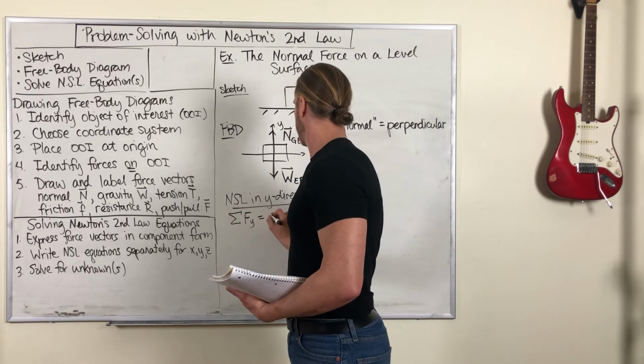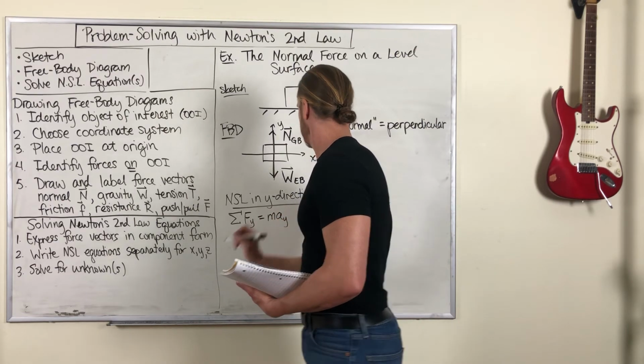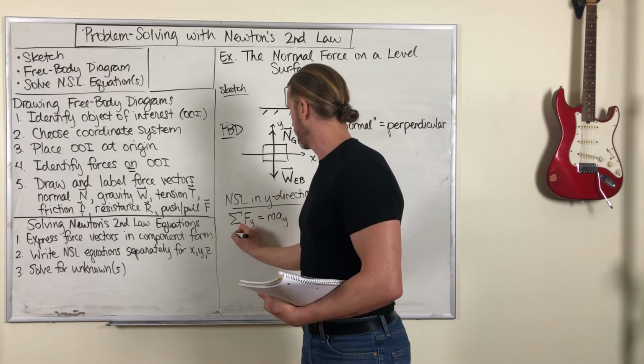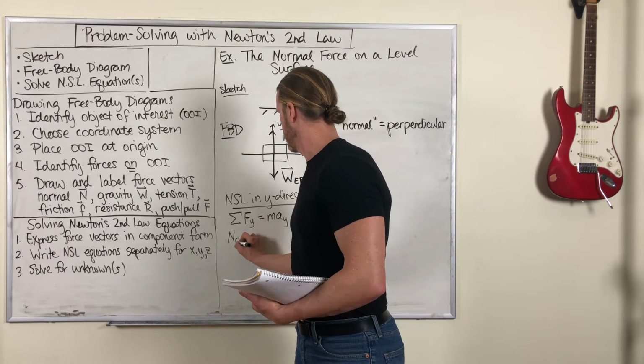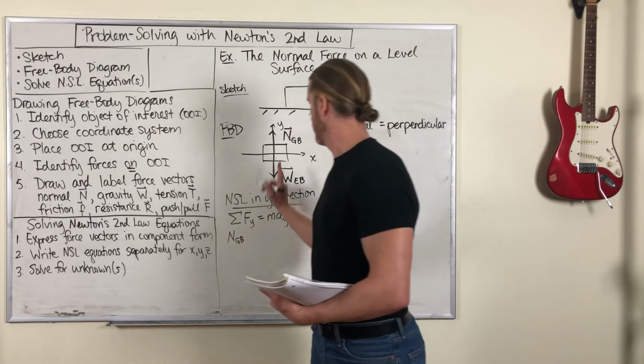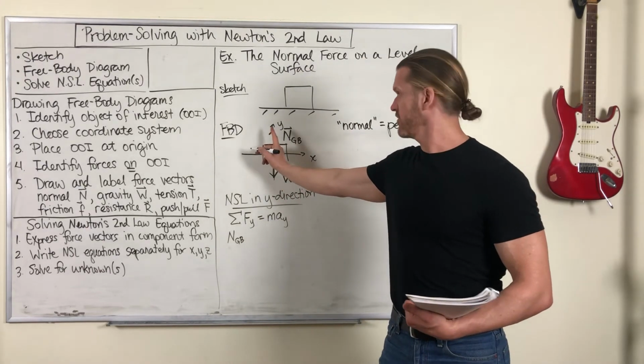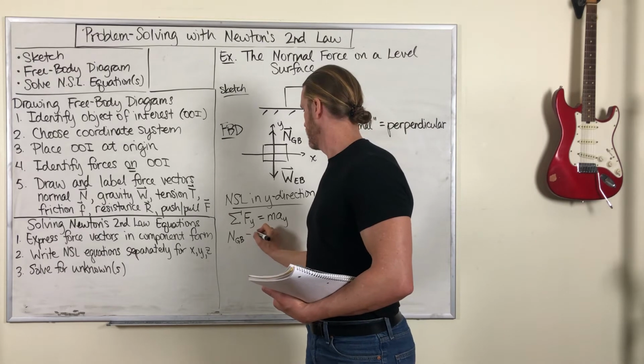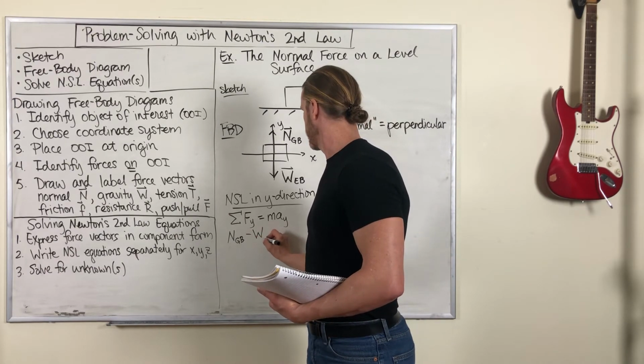Sum of the forces in y equals ma(y). And we have two forces. We have this normal force of the ground on the box. It's pointing in the positive y direction. And we have the gravity force that's pointing in the negative y direction.